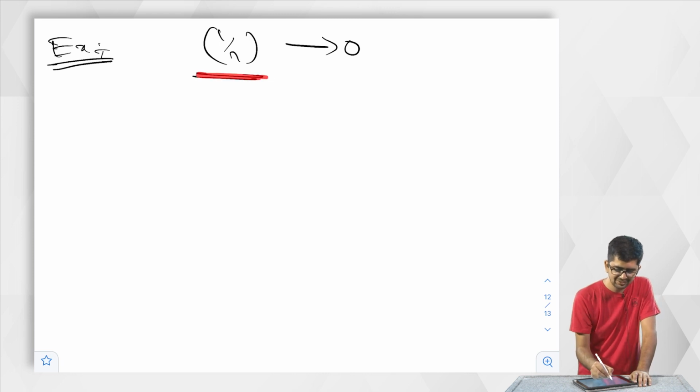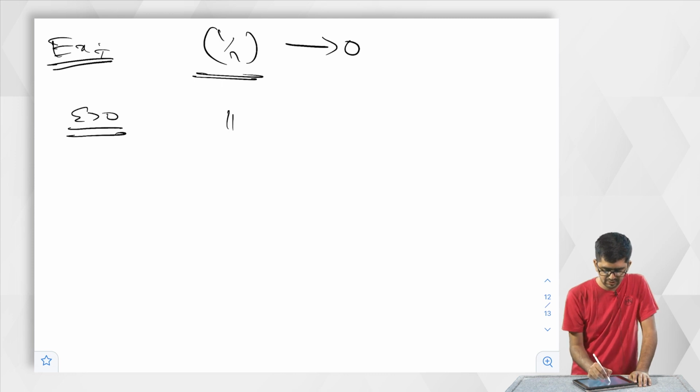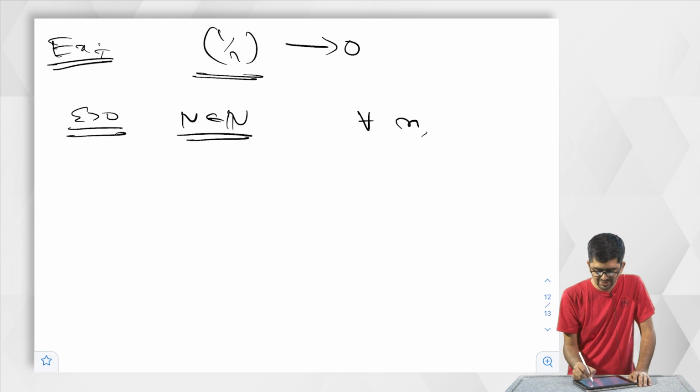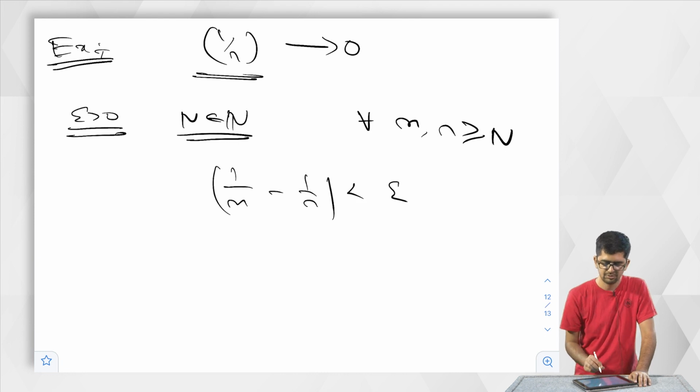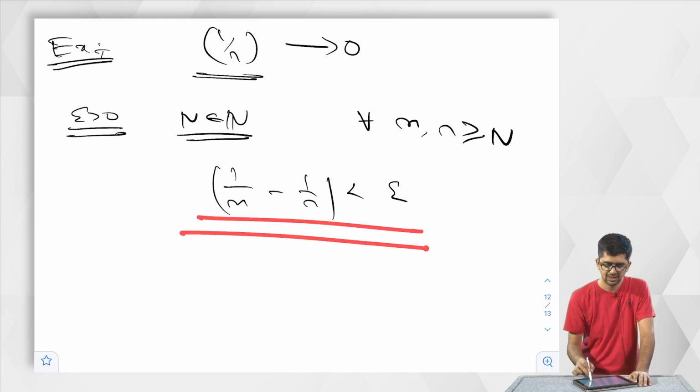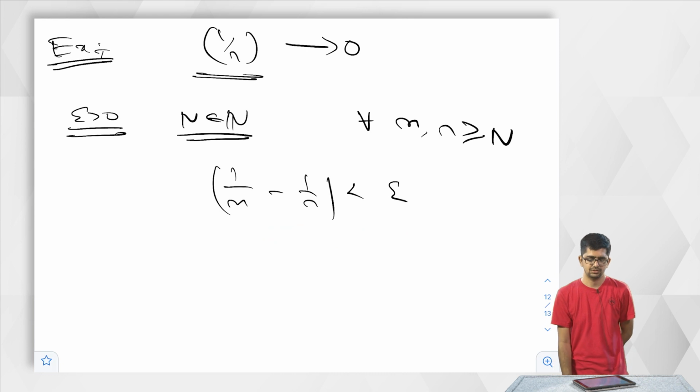How do I prove this is a Cauchy sequence? Given epsilon positive, I need to find an element N belongs to N such that for every m, n greater than or equal to N, the absolute value of 1 by m minus 1 by n is less than epsilon. This is what I am supposed to produce.